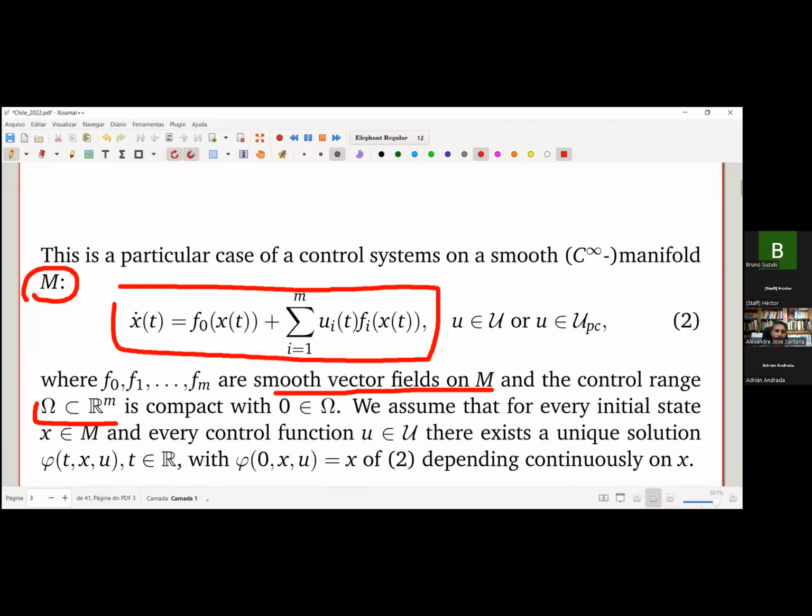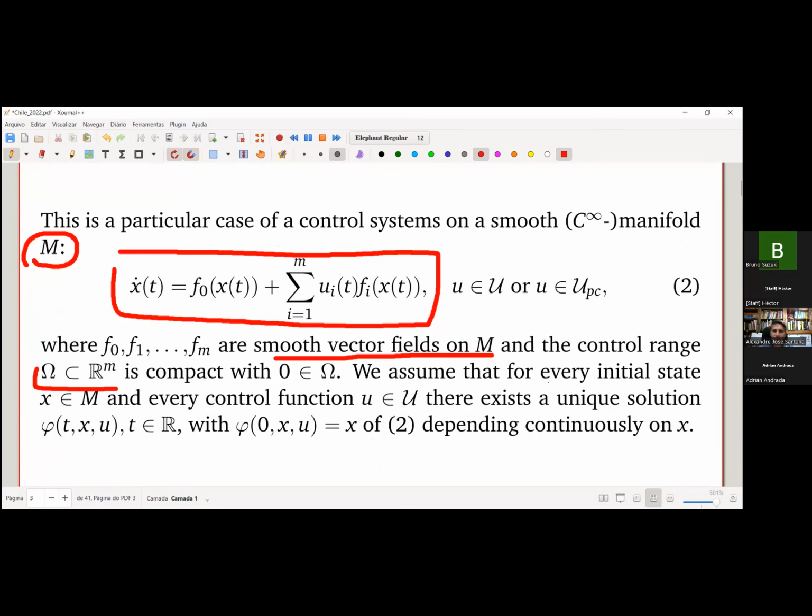In our work here, we will work with omega, a compact subset of Rm containing the origin of the space. We assume that for every initial state X of the state space M, in this case a manifold, and every control function U, there exists a unique solution denoted by this phi here, satisfying this equality here.